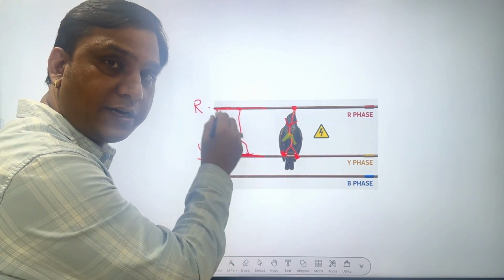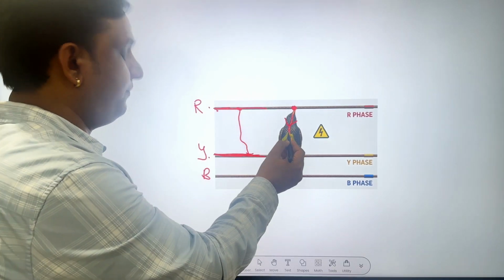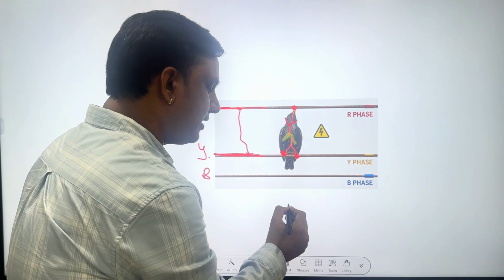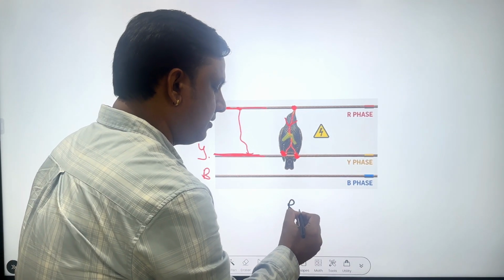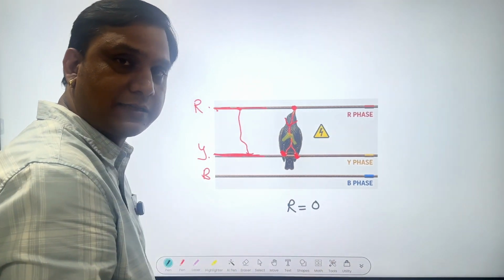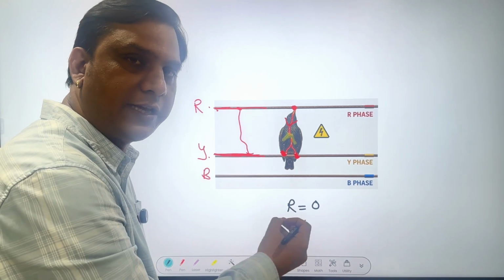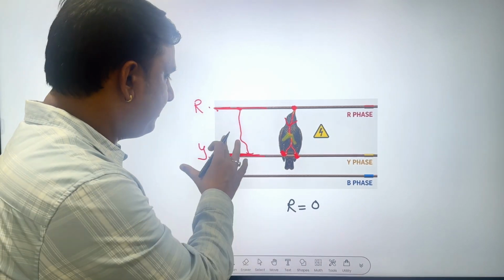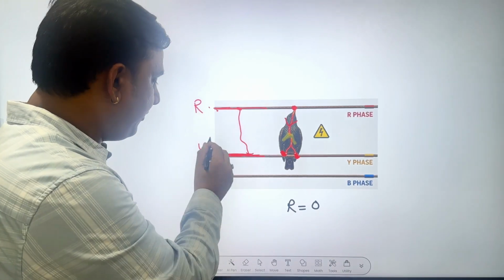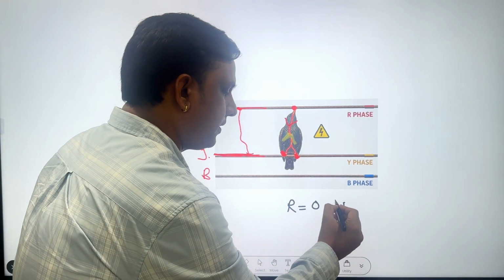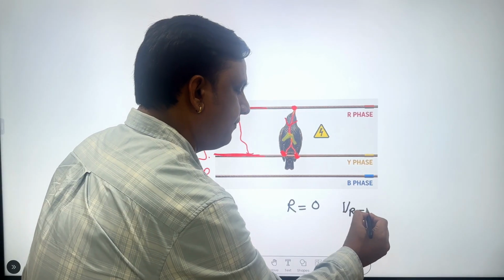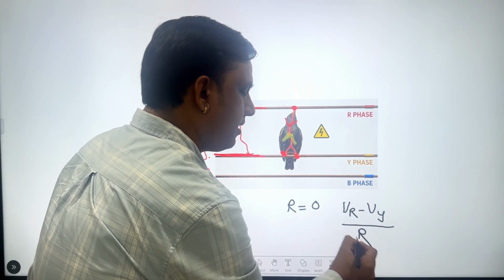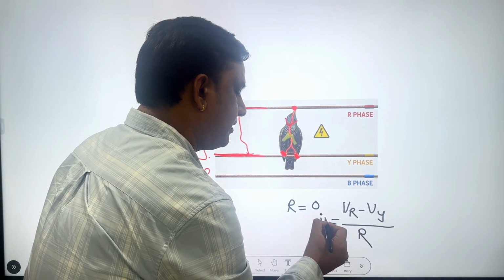So if we are short circuiting that, say the resistance of the body of this bird is, we are considering, say, R is equal to 0. Let us consider R is very small, negligible, or equal to 0. Then in that case, when we find out the current, it will be VR minus Vy divided by R. That becomes the current.